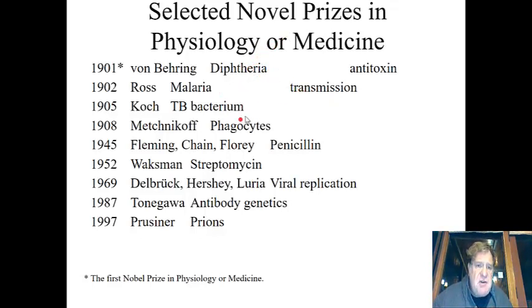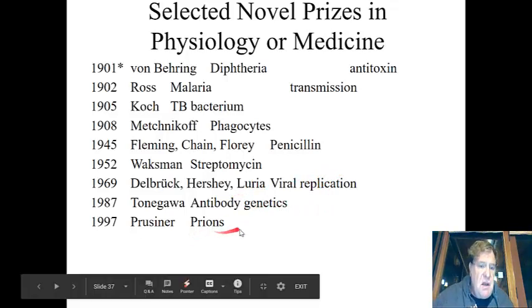Ross looked at malaria transmission. Koch, the TB bacterium. Metchnikoff discovered phagocytes. Fleming, penicillin, in 1945. Waksman, streptomycin, in 1952. So antibiotics were big for a while. Delbrück, Hershey, and Luria were looking at viral replication in 1969. Tonegawa looked at antibody genetics, and Prusiner at prions.